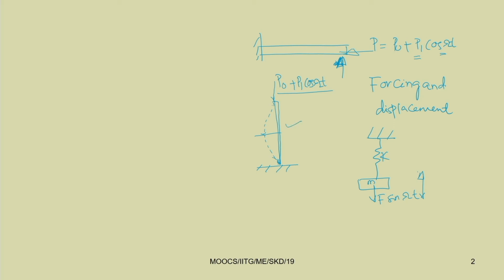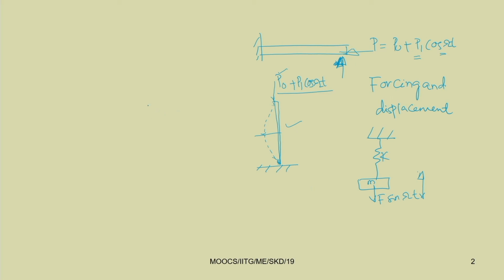Similarly, in this case also, much below the critical Euler buckling load, the beam starts to buckle. Depending on the value of P 1, the amplitude of the periodic part, and omega, the frequency of the periodic part, we can observe that the beam starts to buckle at a very low value in comparison to the critical Euler buckling load.